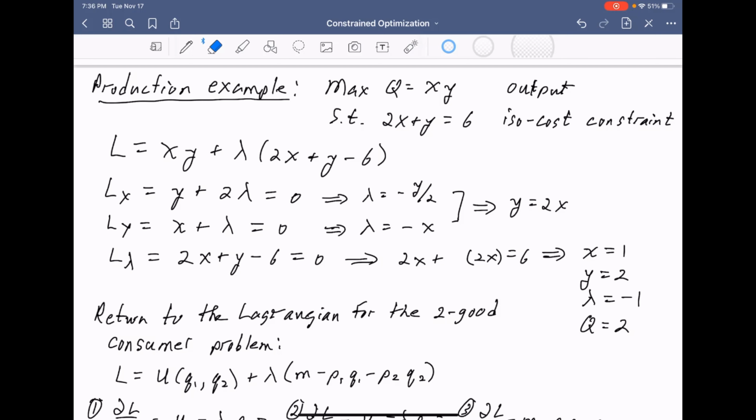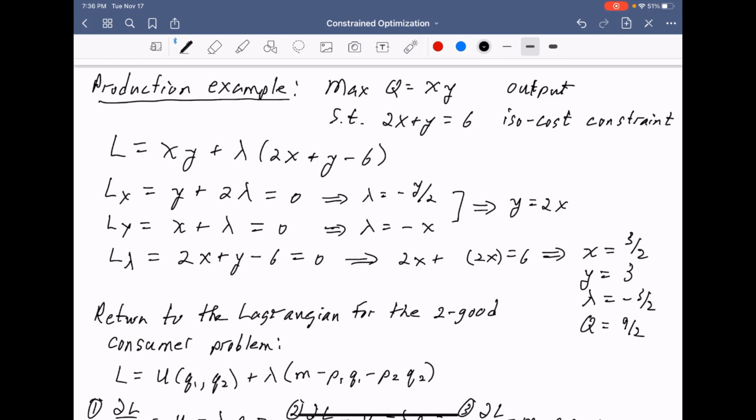We get 4x, so these numbers all change. So we get 4x equals 6, and 6 divided by 4 is 1.5, so x is 3 halves. We plug the 3 halves in here, and we get that y is 3. We plug in the minus x, we get a lambda of minus 3 halves, and we get that Q then is equal to x times y, which is 9 halves.